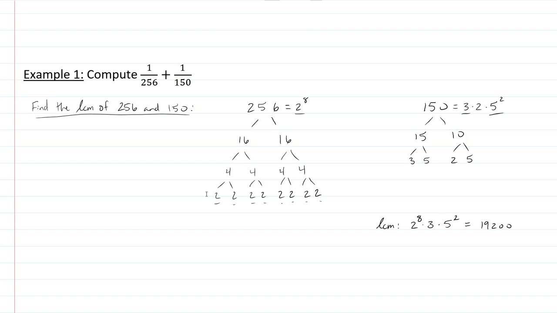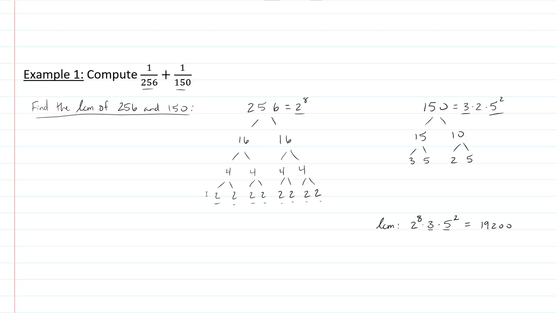So what we have to do is multiply these fractions up here, top and bottom, by some number to get the denominators to equal 19,200. Well, how are we going to do this? There's a quick way. We don't actually have to think about this too hard. We know that 256 is 2 to the 8th. What is it missing? It's missing 3 times 5 squared.